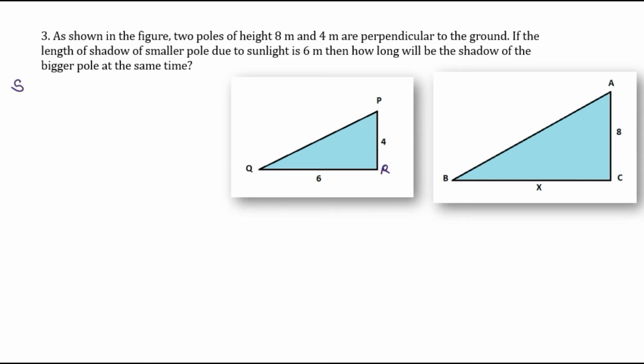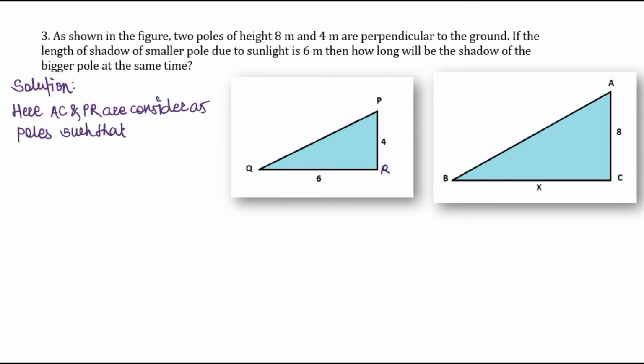In the solution, we can write here AC and PR are considered as poles such that length of AC is greater than length of PR. So suppose AC is pole 1, then pole 1 is greater than pole 2.